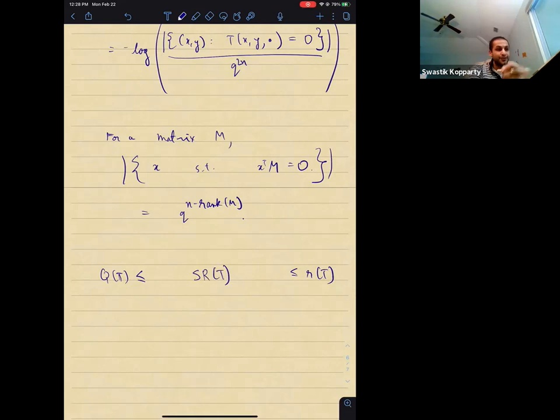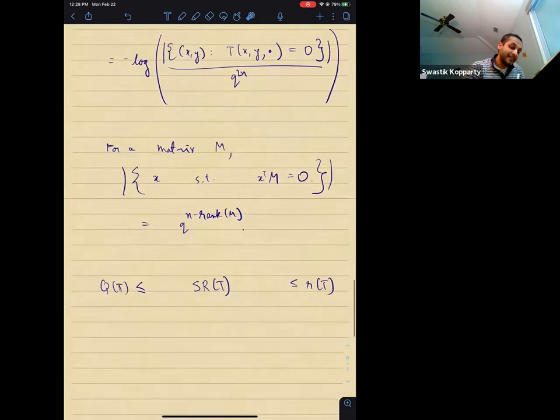Slice rank is at least subrank, that was the theorem of Tao. Slice rank is also at most tensor rank, because every term in the decomposition of the tensor in the slice rank also has standard tensor rank at most 1. Oh no, the other way around. Every term here is at most this.